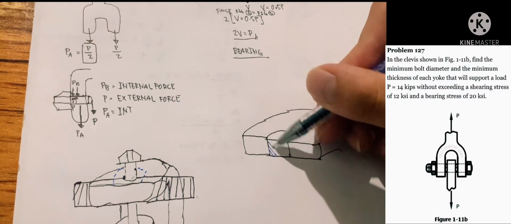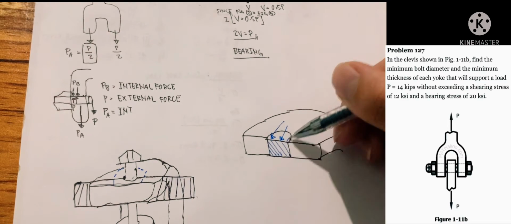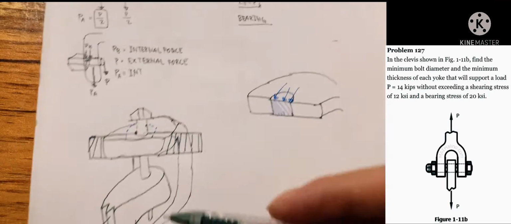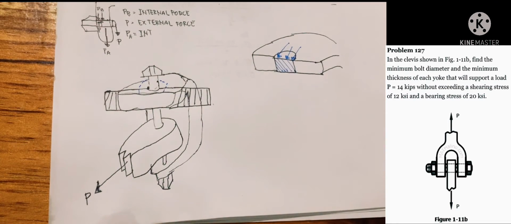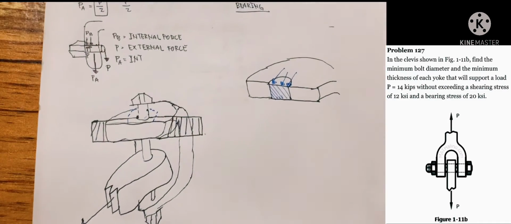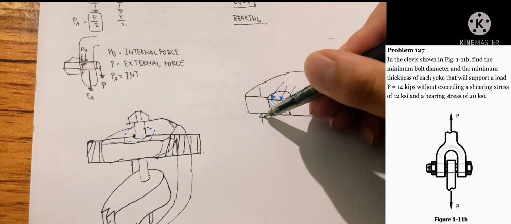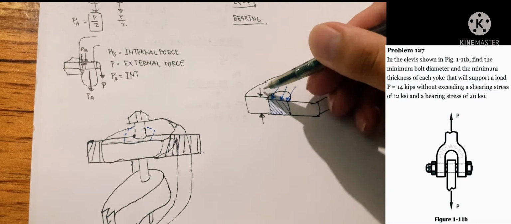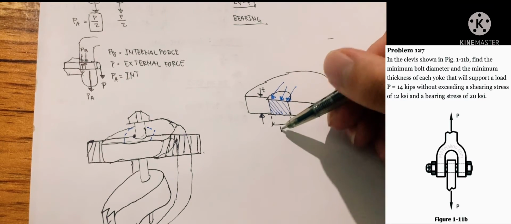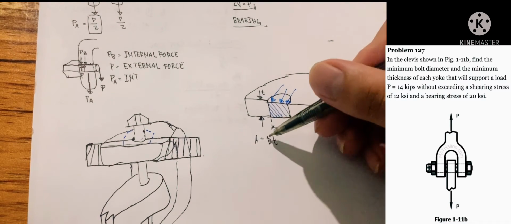So let us shade the maximum area, the contact between our clevis and our clevis pin. It is called a bolt because if we only consider the small part, it will become a bolt. So if we cut our clevis pin, it will become a bolt. From our problem, it says a diameter bolt. Anyways, they are the same.